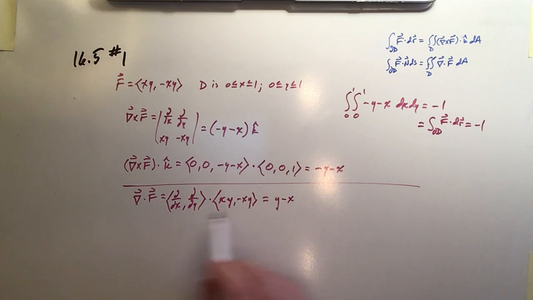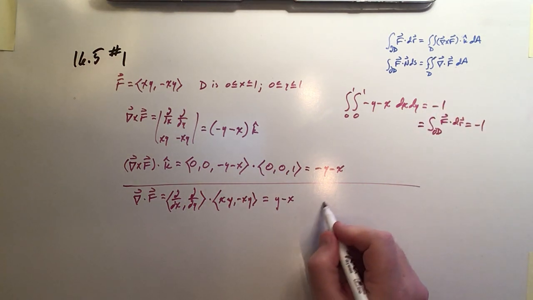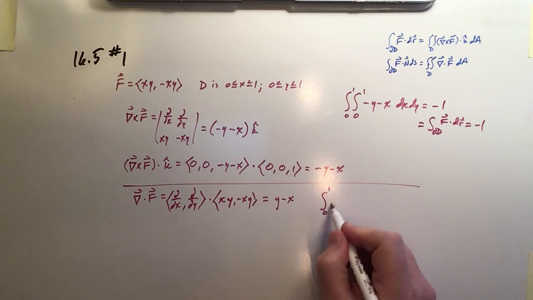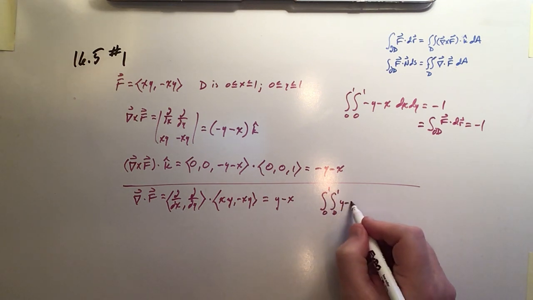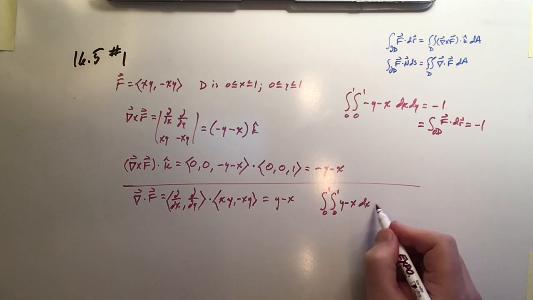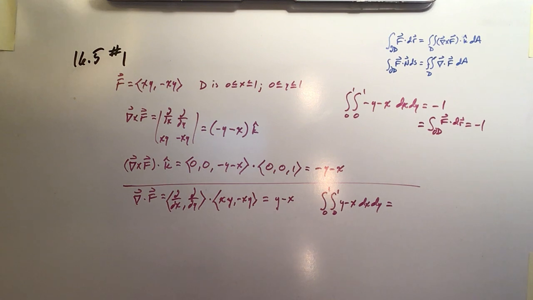So that is the dot product, and I just want to integrate that dA. So it's the same dA as before, 0 to 1, 0 to 1, y minus x dx dy. And when I go ahead and evaluate this, I'm going to end up with 0.